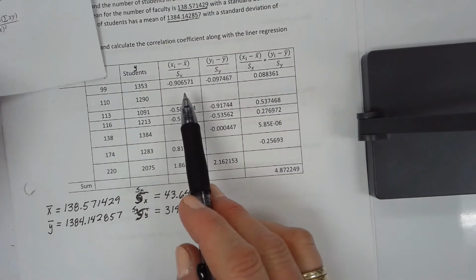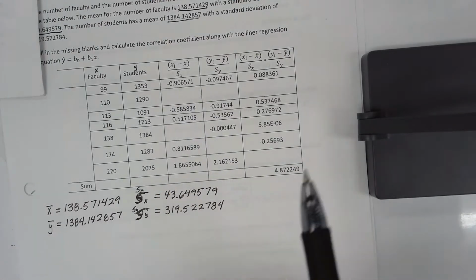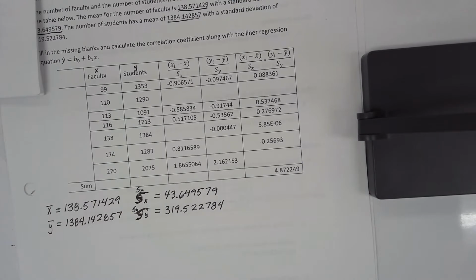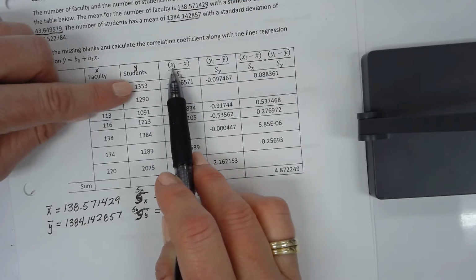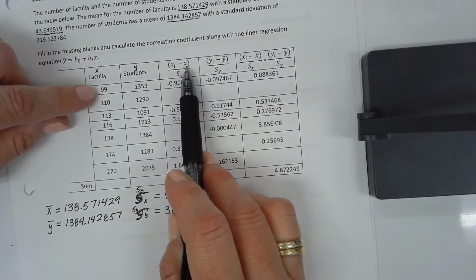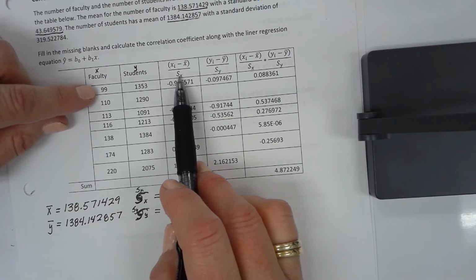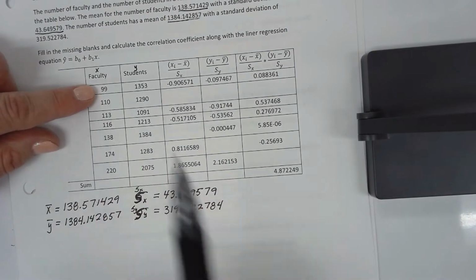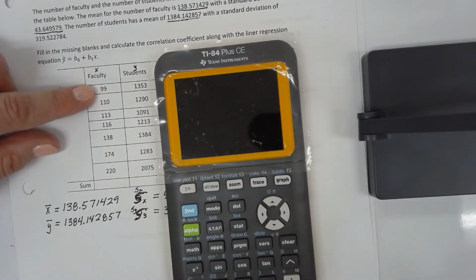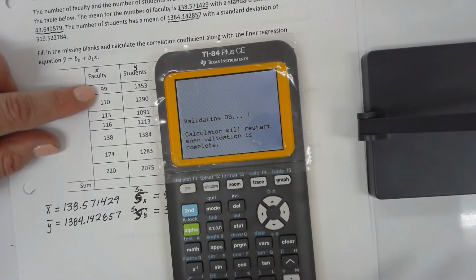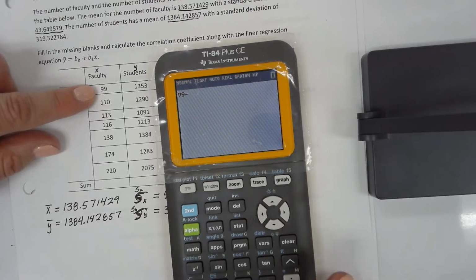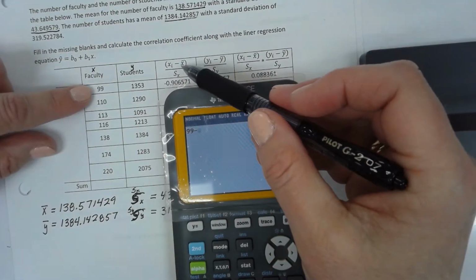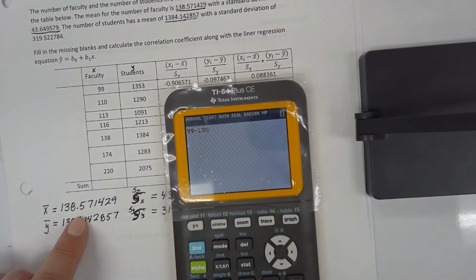Okay, so let's just try one of the ones that's already in there for us, just to make sure that we understand what the formula is saying here. Okay, so this is saying take the X value, subtract the mean from it, take that answer and divide by the standard deviation for X. Okay, so let's start with 99. Okay, so take 99, and then we're going to subtract from that the mean of the x's, which is 138.571429.